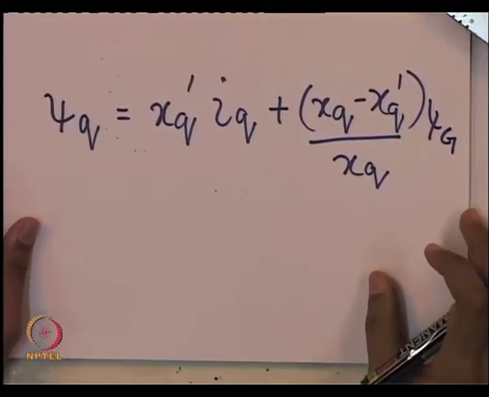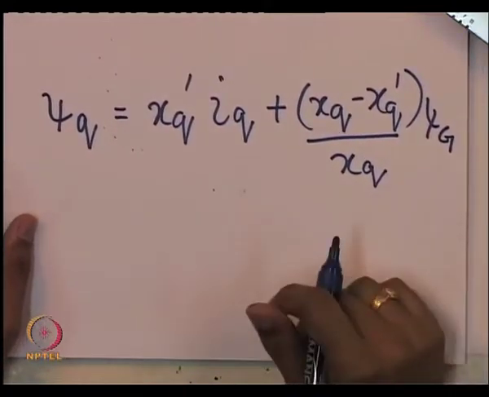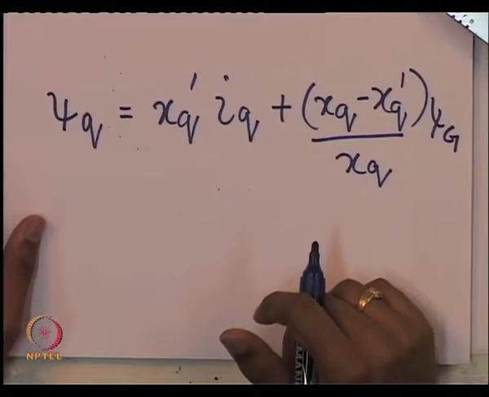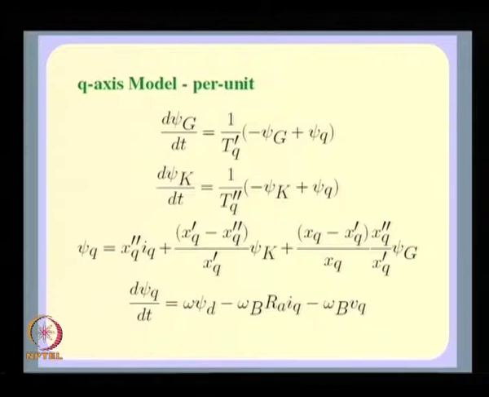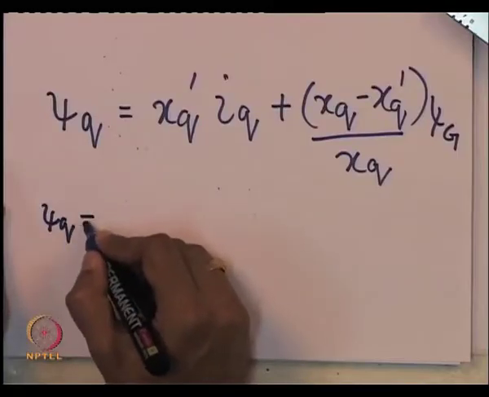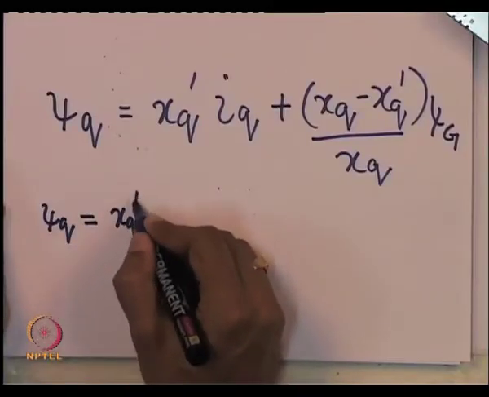If you look at this particular equation and compare it with the algebraic equation which we had for the 2.2 model, you will see on the screen the equation which was there before. I will just write it a bit quickly out here.